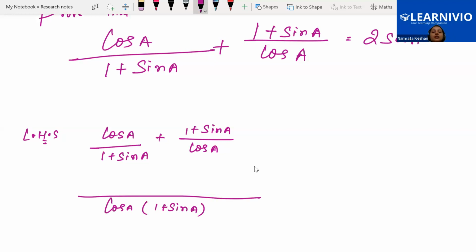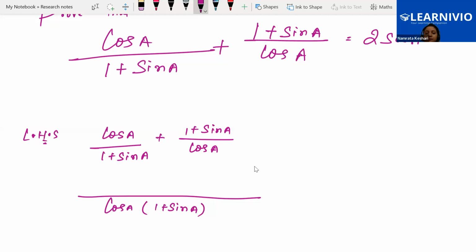Okay, what will be there in the numerator? Who will say? Yeah, what will be there in the numerator?